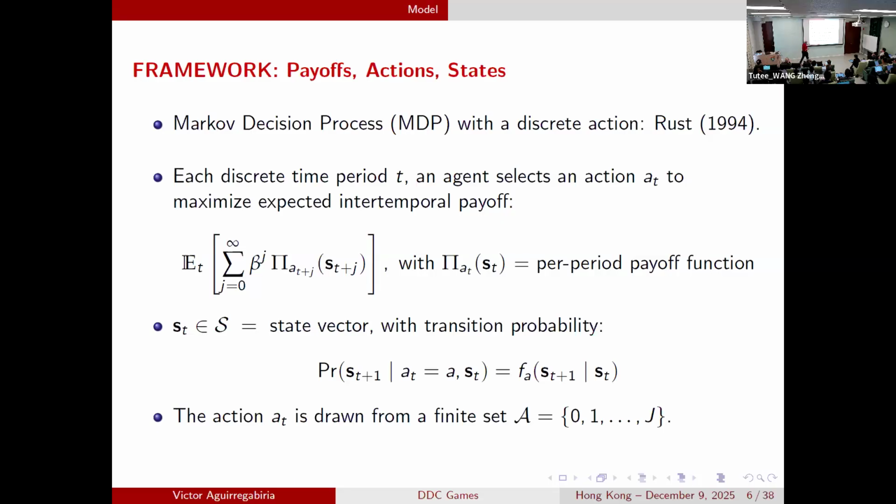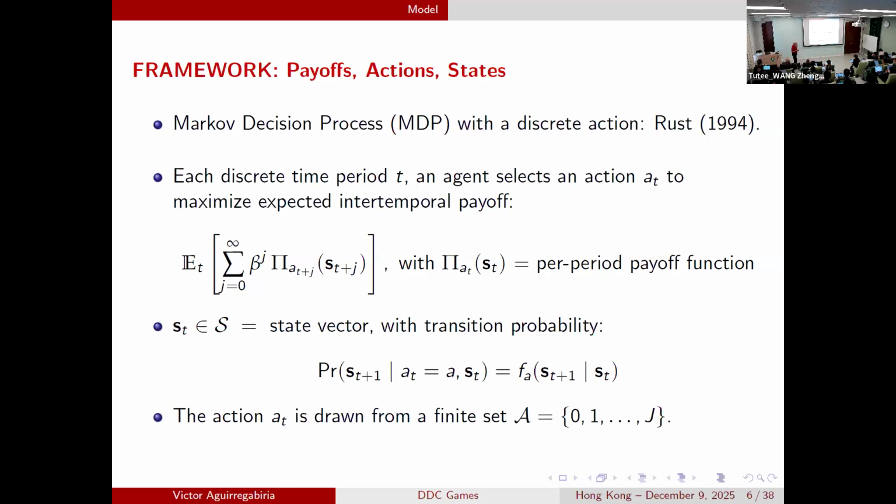This a belongs to a discrete choice set of J plus 1 choice alternatives, including 0 as a possible alternative. The individual maximizes the intertemporal payoff function, that is this stream of discounted payoffs. I'm going to incorporate the decision as a subindex instead of as an argument in the function.